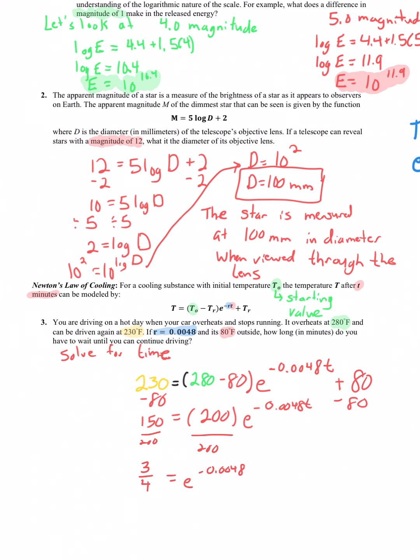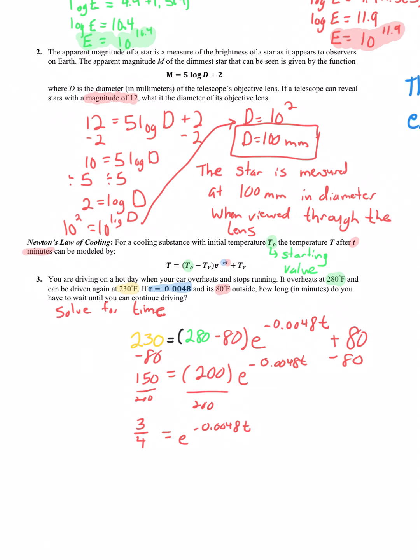It looks like a really intimidating problem at first, but it's not too bad once I have it set up. Now I just have an e on both sides, so I can take the natural log of both sides of the equation. Natural log of 3/4 equals natural log of e to this weird number thing.